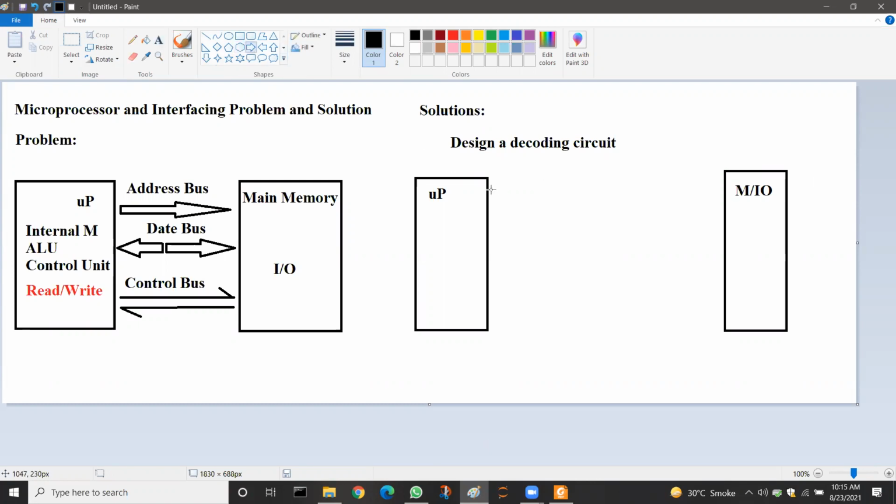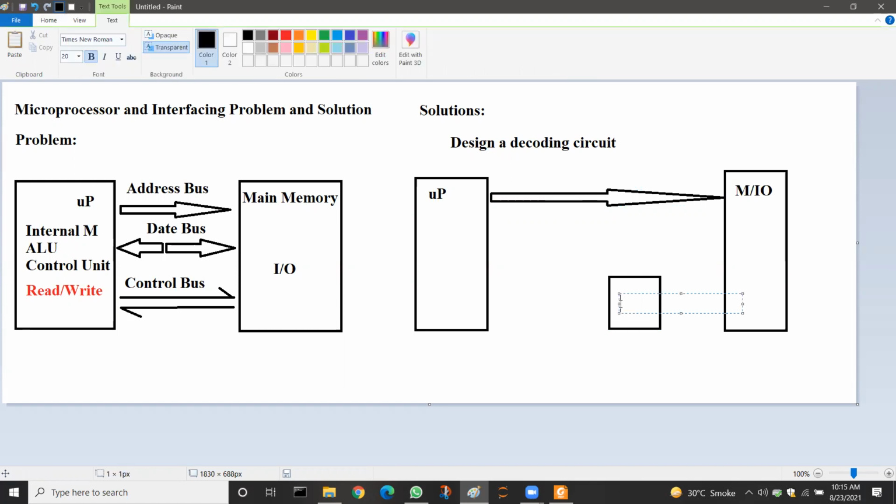So the solution component is that we have the address bus and we have a decoding circuit. The decoding circuit is D, for a decoder.